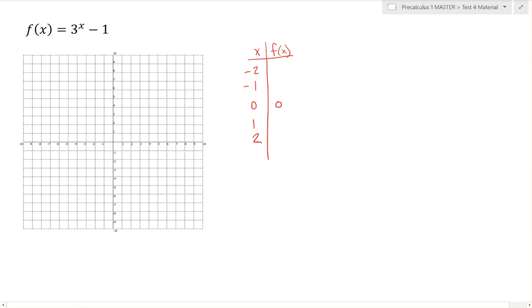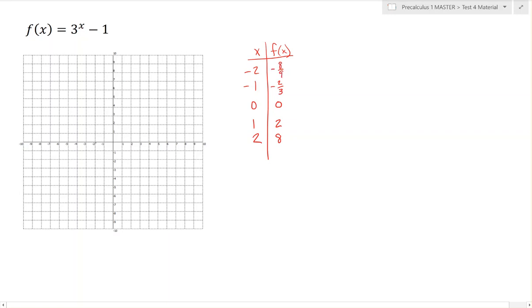If we put in a 1, 3 to the 1 is 3, but then we subtract 1, we get 2. 3 squared is 9. Subtract 1, that makes 8. 3 to the -1 is 1/3, minus 1 is -2/3. 3 to the -2 is 1/9, but if I subtract 1, that's -8/9.